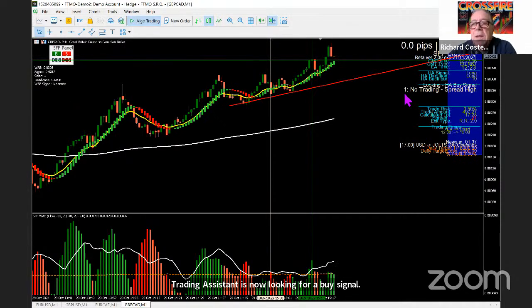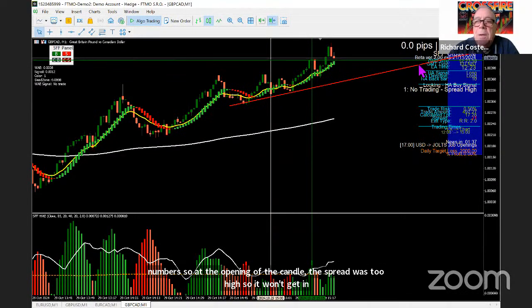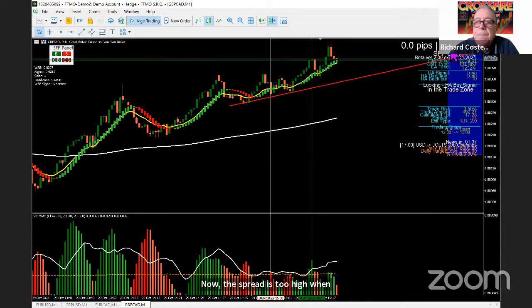However, it's not going to get into a buy, because it's noticed that the spread is too high. At the opening of this candle, the spread was actually 21. It's there in red numbers. So at the opening of the candle, the spread was too high, so it won't get in. Now, the spread is too high when that number is more than 20. I don't want my trading assistant to get into a trade where the broker spread is more than 2 pips.